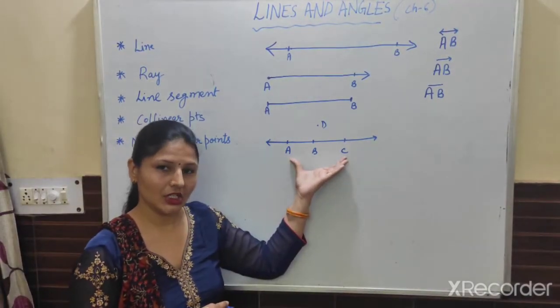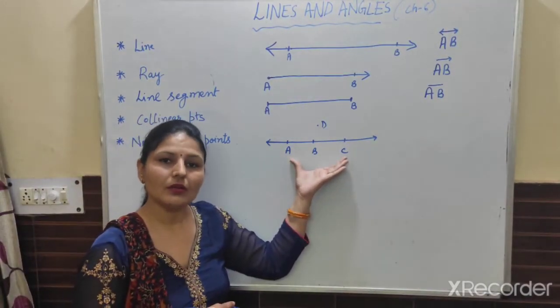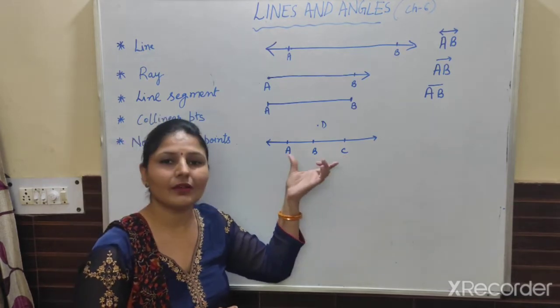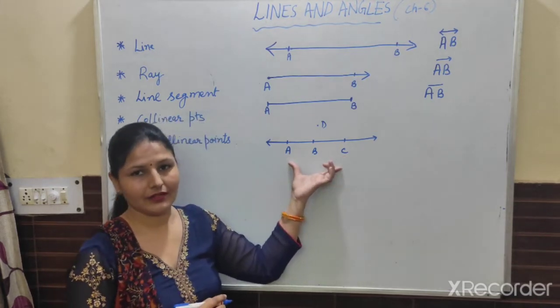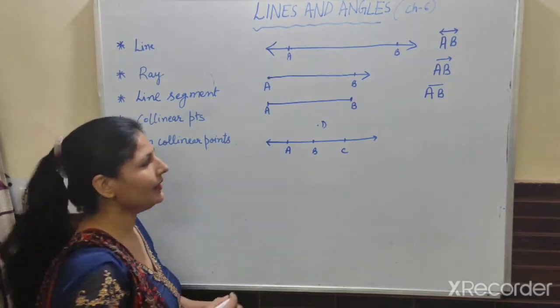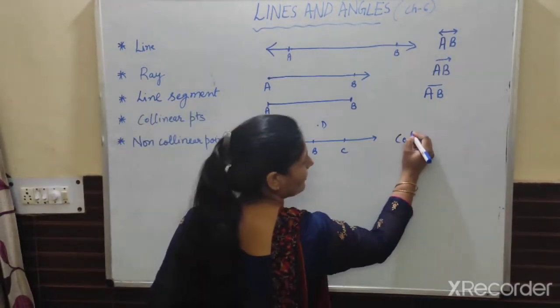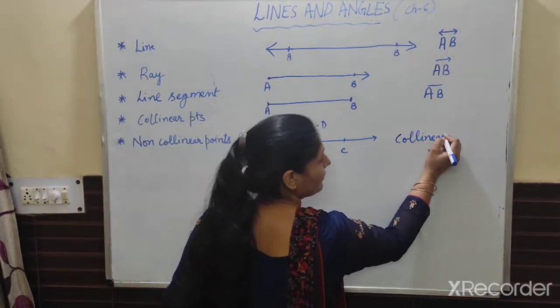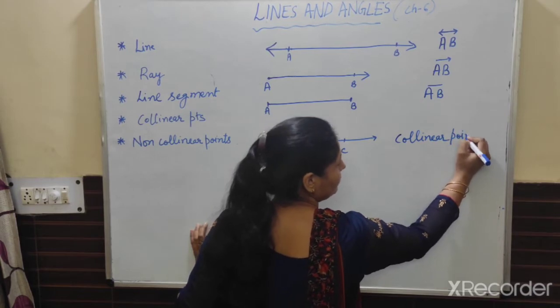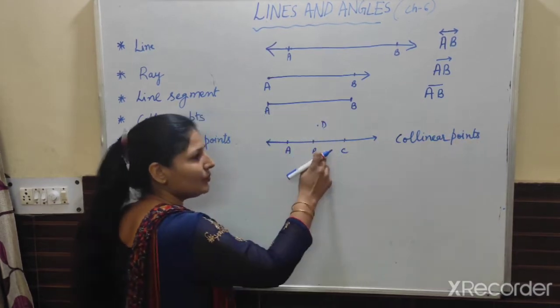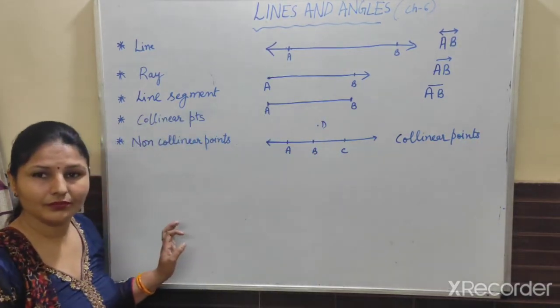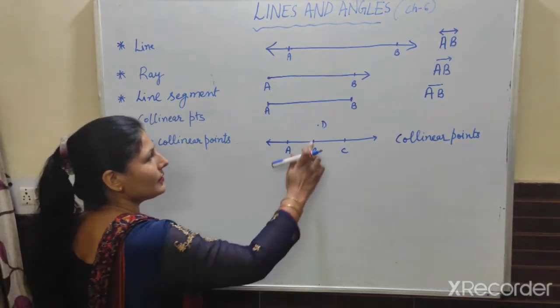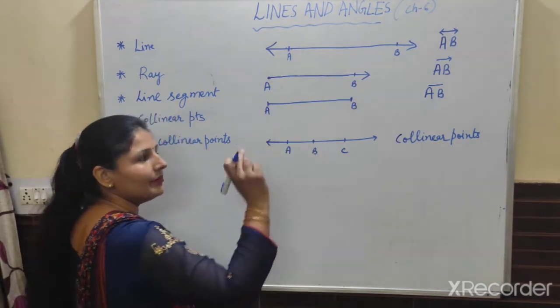A, B, C points are called collinear points because they lie on the same line, same one line. Is D point also collinear with them? No, because it is not lying on the same line.